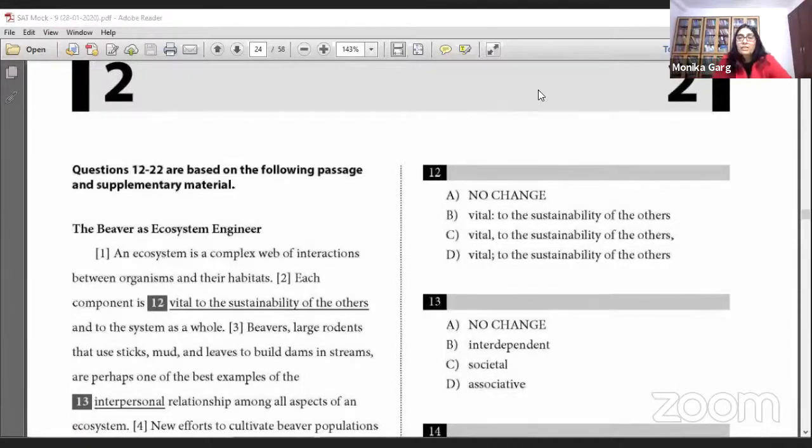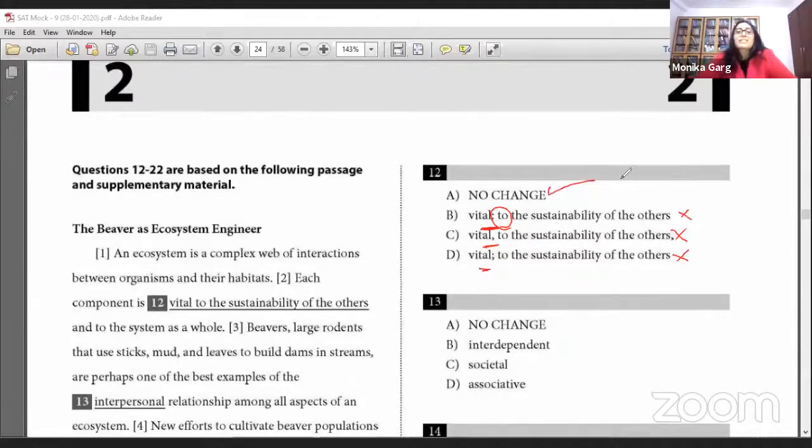Let me annotate this for you. This says it is vital to. So to is a preposition. You cannot have a comma before a preposition. So this one is out. You can't have a colon before a preposition. This one is out. You can't have a semicolon before a preposition. This one is out.